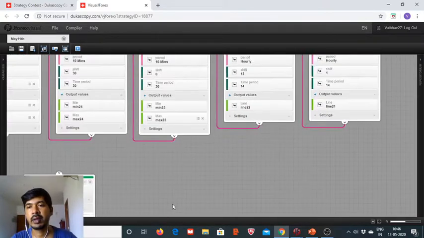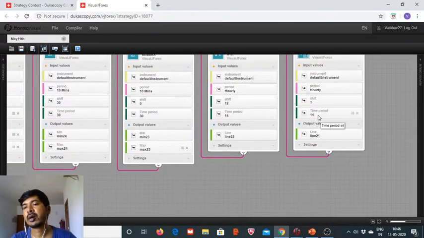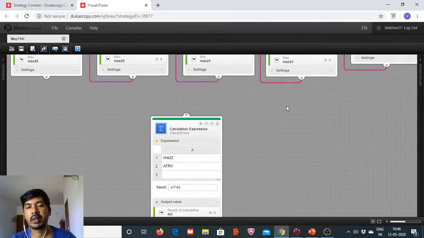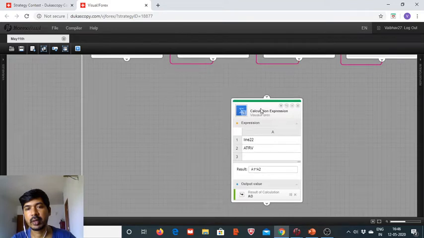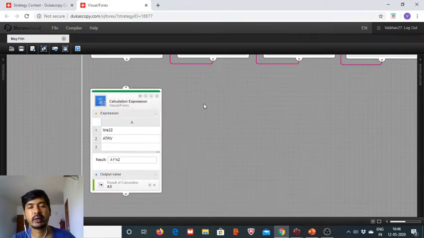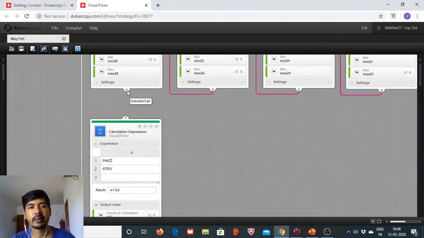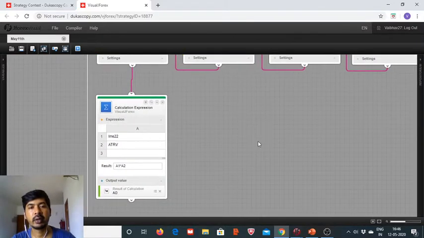And here we will need the ATR 1 hour back to be less than this 80% of the ATR 12 hours back. So that's the point.